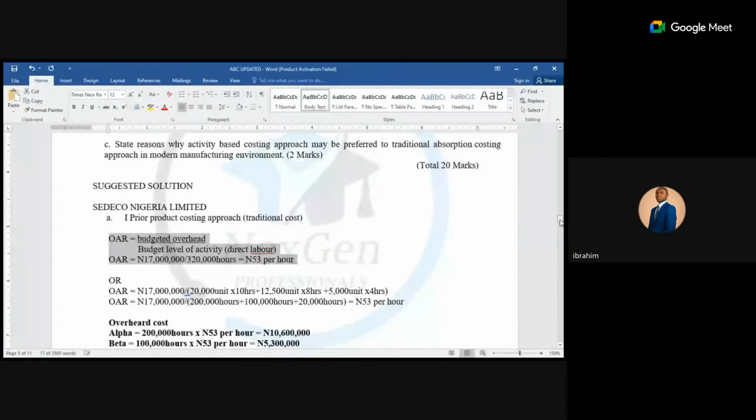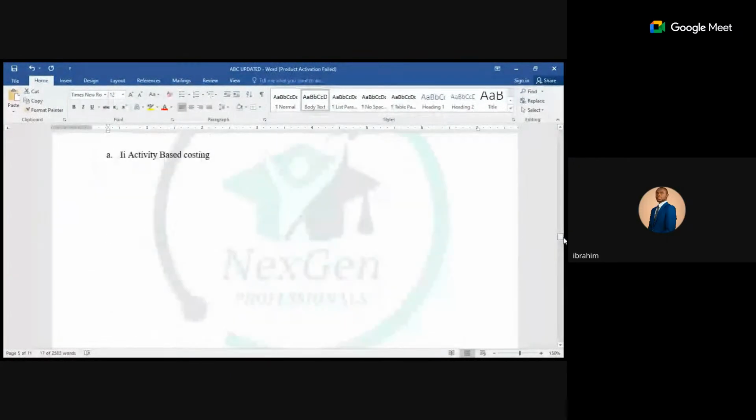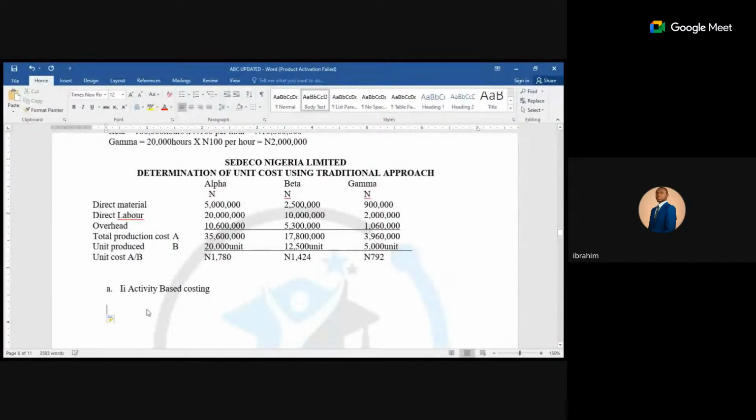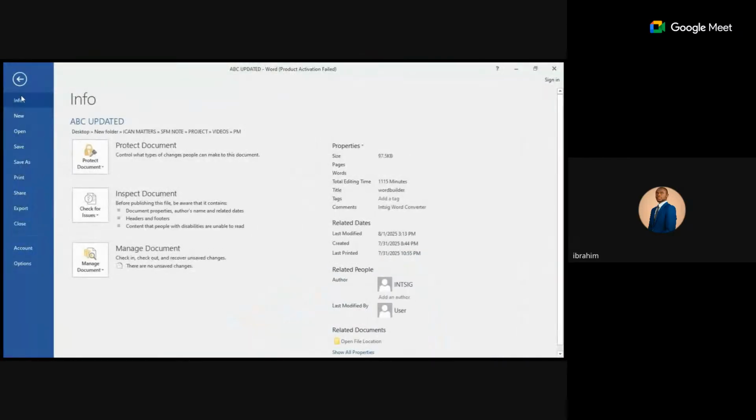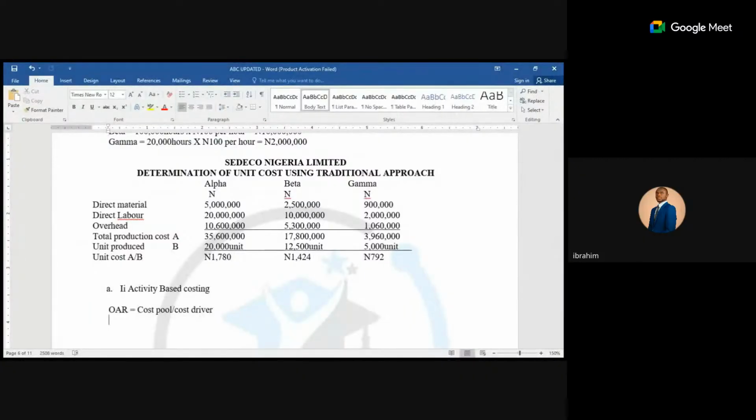Under activity-based costing, your OAR will be equal to cost pool divided by cost driver. Class, what is cost pool and what is cost driver? Can you remind us of cost pool?